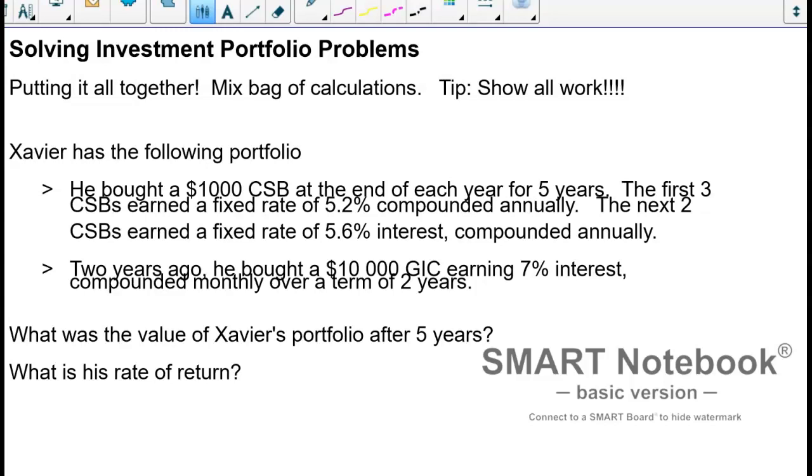And then also, 2 years ago, he bought $10,000 of a government investment certificate, earning 7% interest, compounded monthly over a term of 2 years. Again, there we don't see any payments, so we don't have to use the online financial calculator.